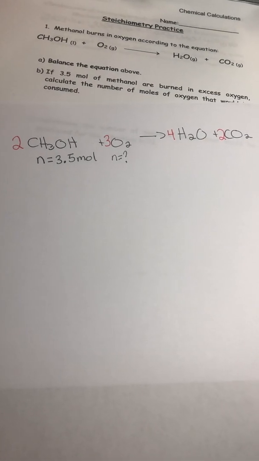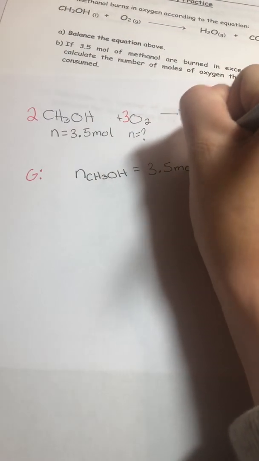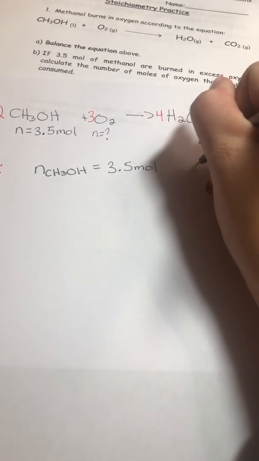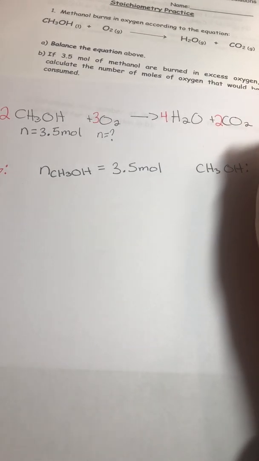Okay, now I can start with my graph. So what's given is I have the moles of CH3OH equal to 3.5 moles. I also know the ratio between CH3OH and O2 is 2 to 3.